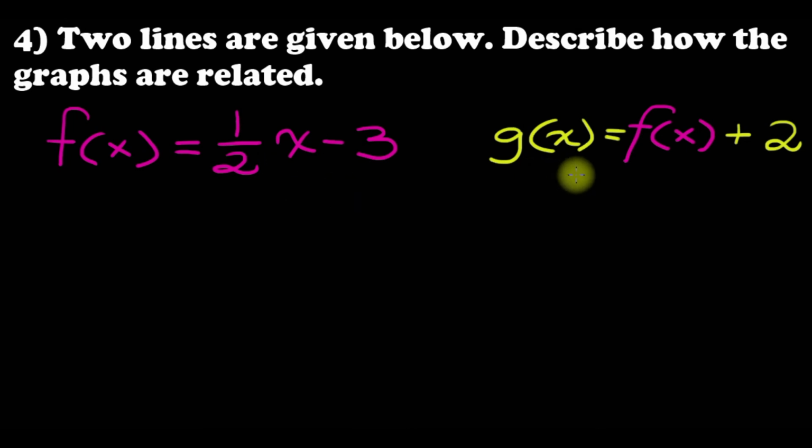Then your g of x is whatever f of x is, plus 2. Well, it looks like the transformation from f of x to g of x is that you're going to shift f of x 2 units up. Okay, so how do you describe that?